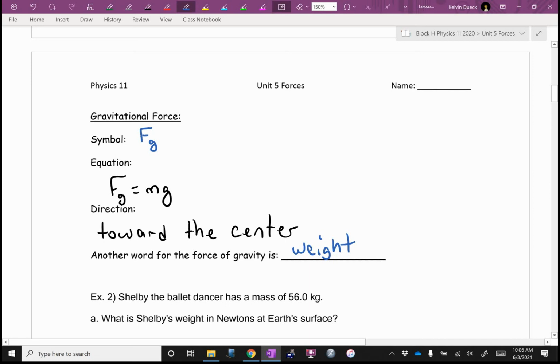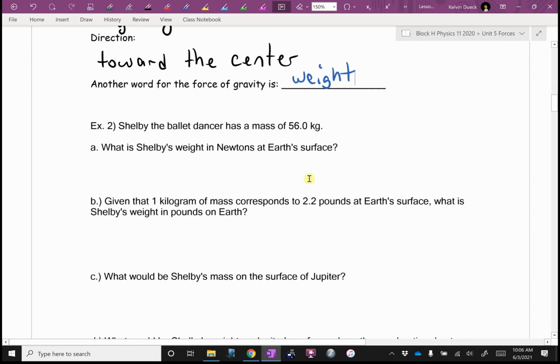So if I ask you to find an object's weight, don't tell me kilograms. Tell me kilograms times 9.8. That's a hint. Shelby the ballet dancer has a mass of 56 kilograms. What's Shelby's weight in newtons at the Earth's surface?